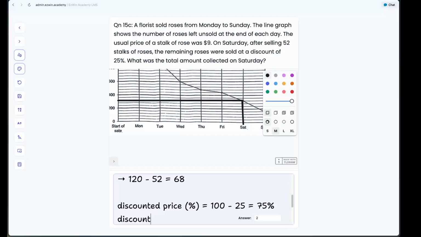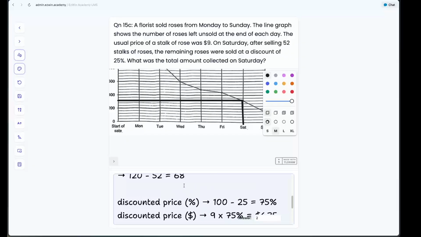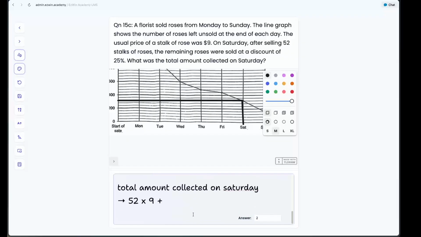So the discounted price in dollars is 9 times 75%, and this will give us $6.75. The remaining 68, we multiply by 6.75, and this will be equal to $927. So that's the answer, $927.